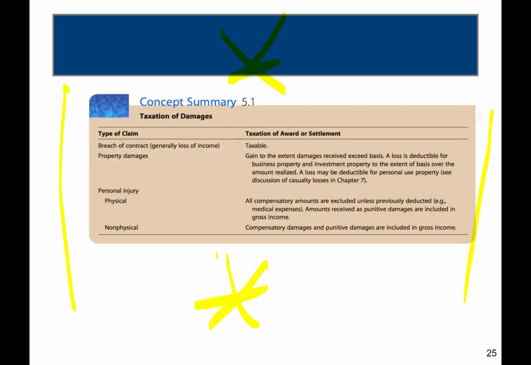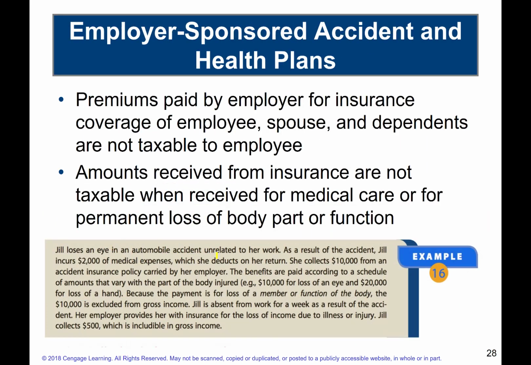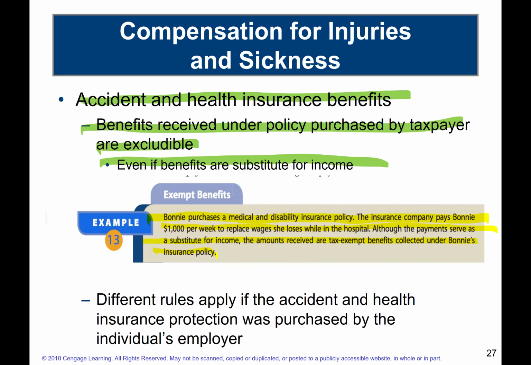Okay. All right. So you come over and you take a look at this example. Now, different rules apply if the accident and health insurance protection was purchased by the individual's employer. So in this case, the employer is purchasing it, and really all we're going to get into here is whether or not the premium being paid is actually taxable or not.